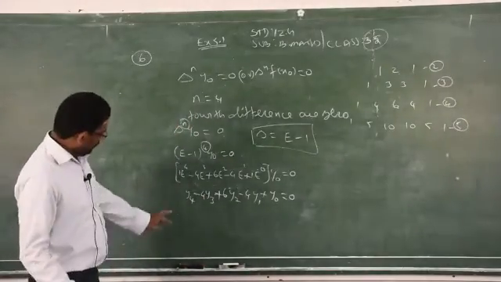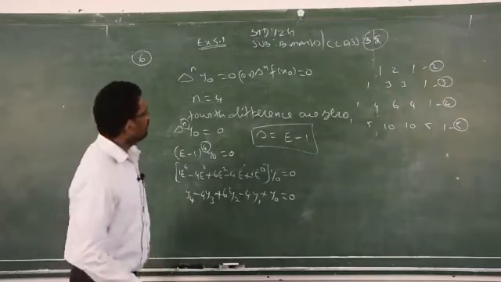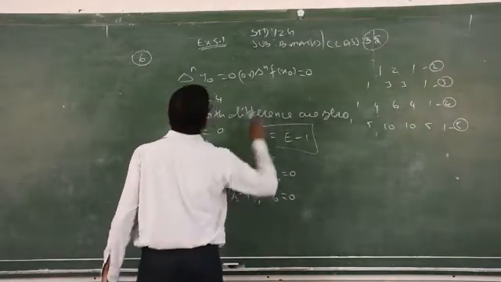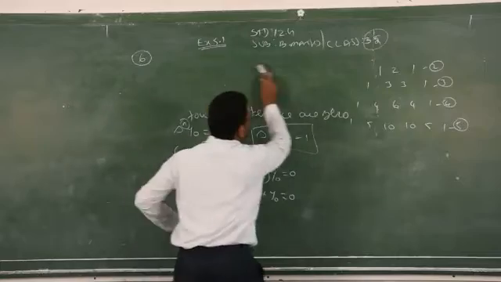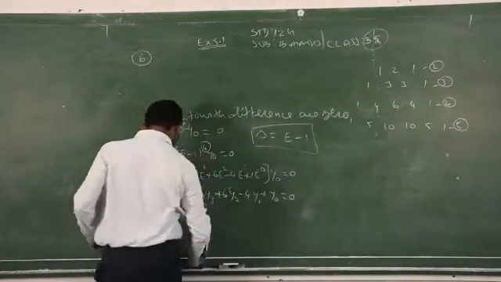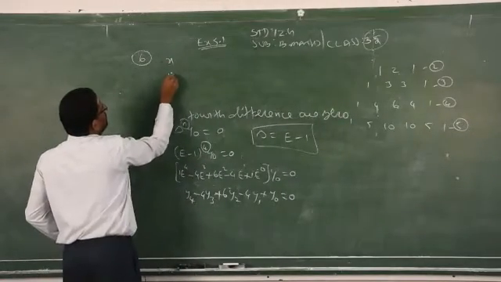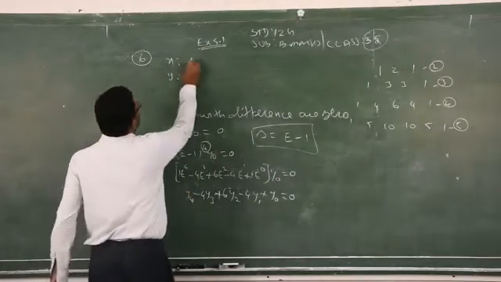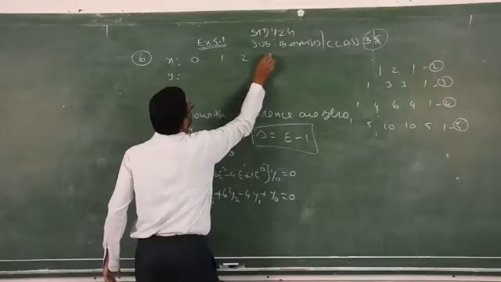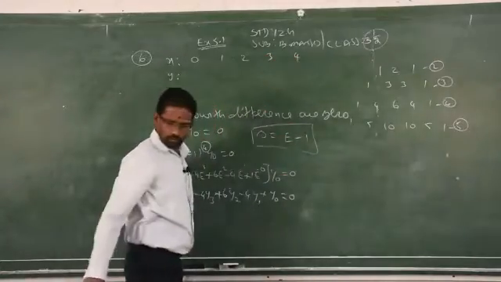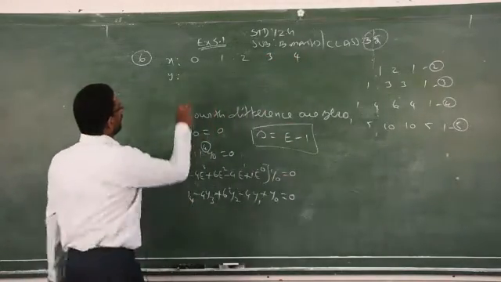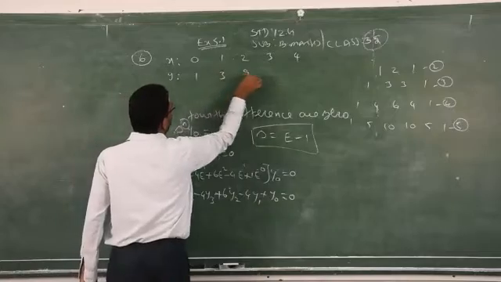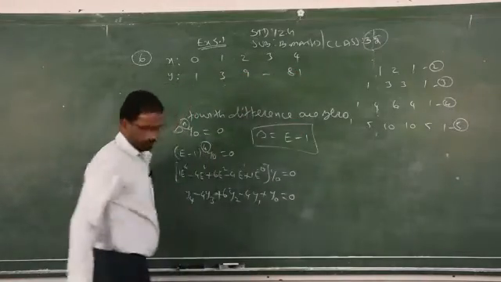So now you see y4. In the tabular column it is given. Question number 6, x, y. Under x we have 0, 1, 2, 3, 4. Then under y, 1, 3, 9, dash, 81.